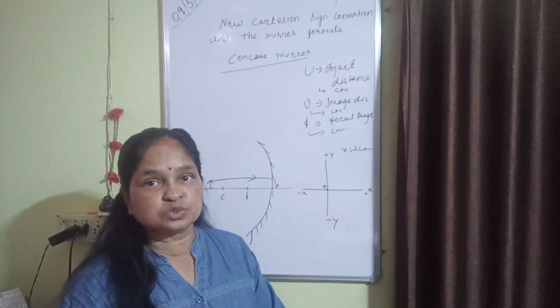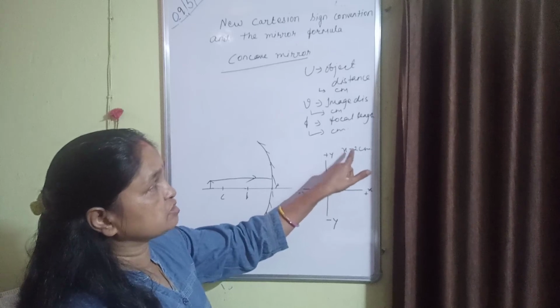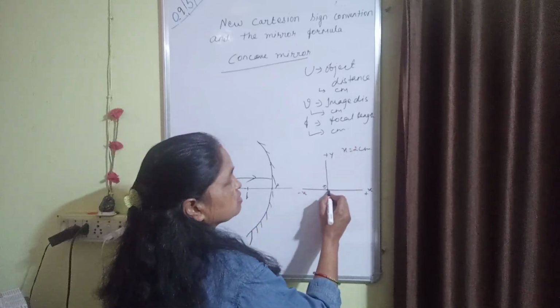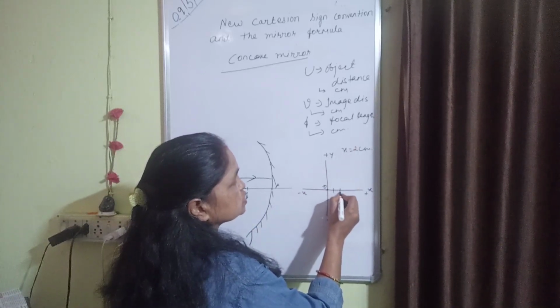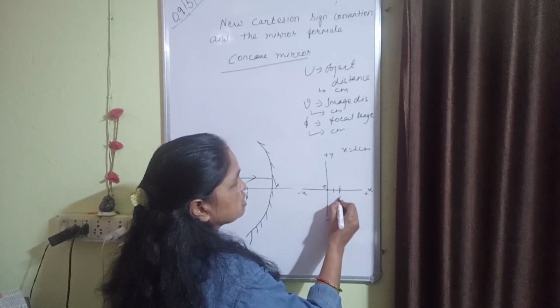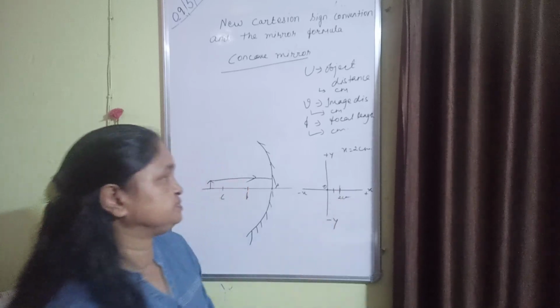If you have measured 2 centimeter, that is positive, plus 2 centimeter, so we are measuring 1, 2, this is 2 centimeter, x is equal to 2 centimeter.